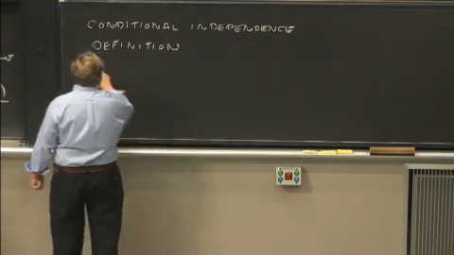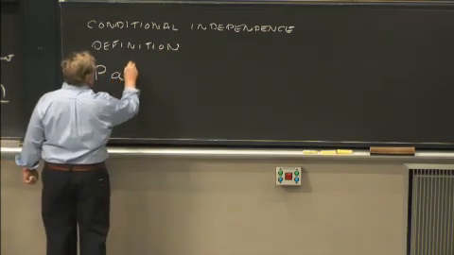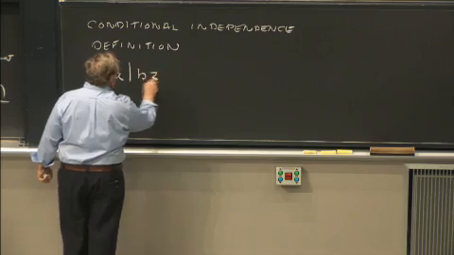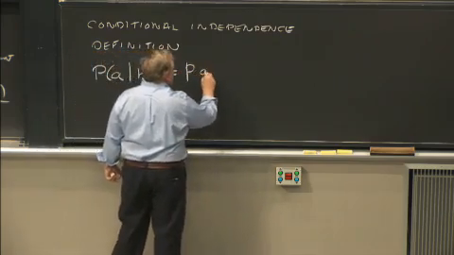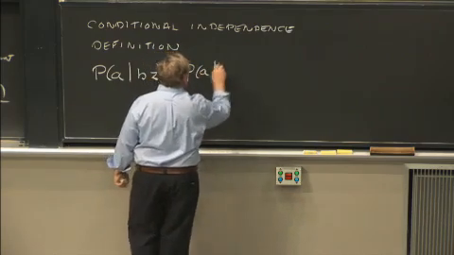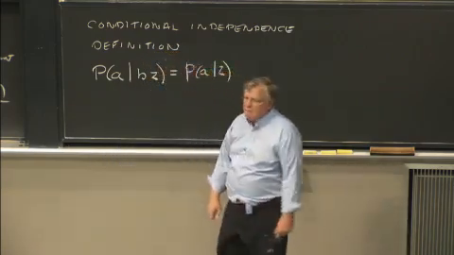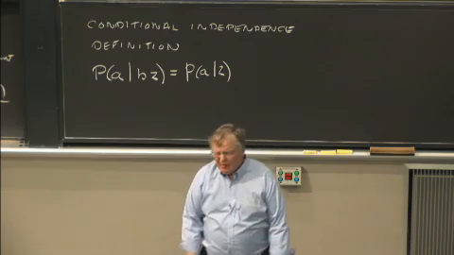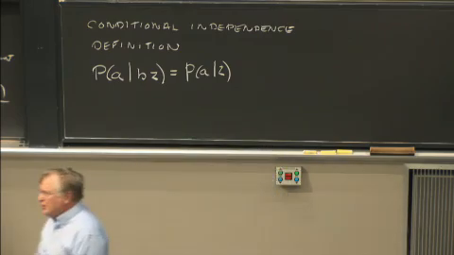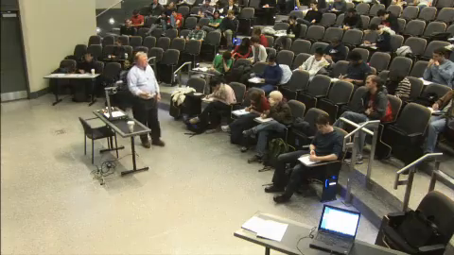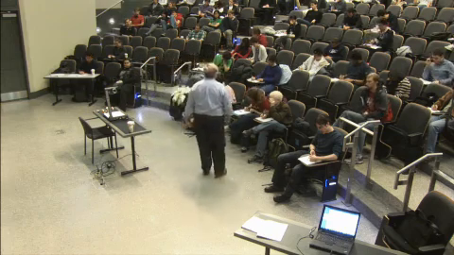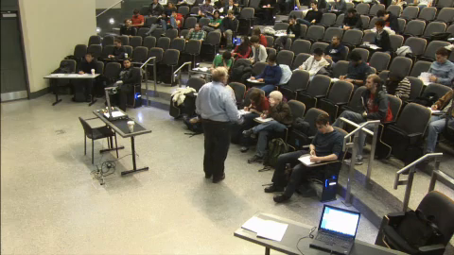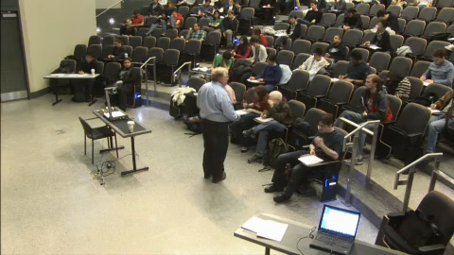What we're going to say is that the probability of A given B and Z is equal to the probability of A given Z. What's that mean? That means if you know that we're dealing with Z, then the probability of A doesn't depend on B. B doesn't matter anymore once you're restricted to being in Z.